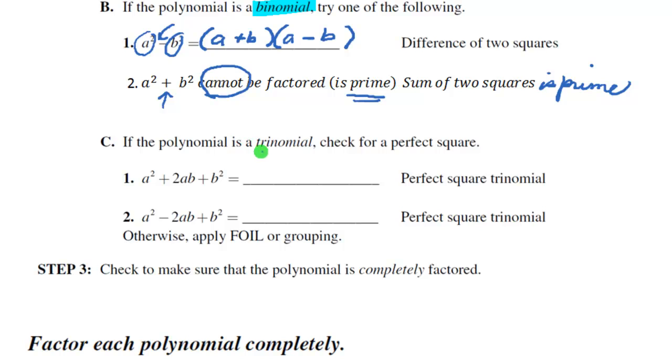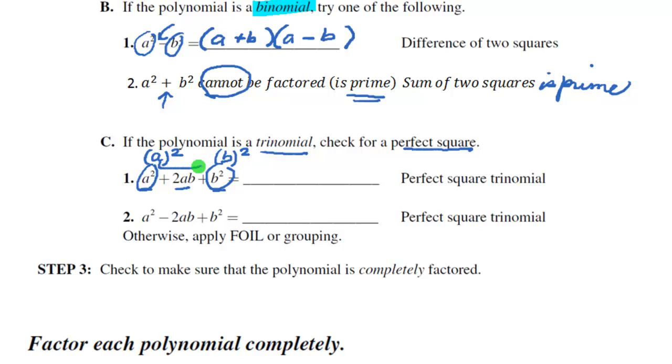If you have a polynomial that's a trinomial, then you're going to check for a perfect square trinomial. So you have the 3 terms, and here's a review on how to know if you've got a perfect square trinomial. You check what you squared for the first term, then you check that the third term is a square, and you notice what you squared for the third term.